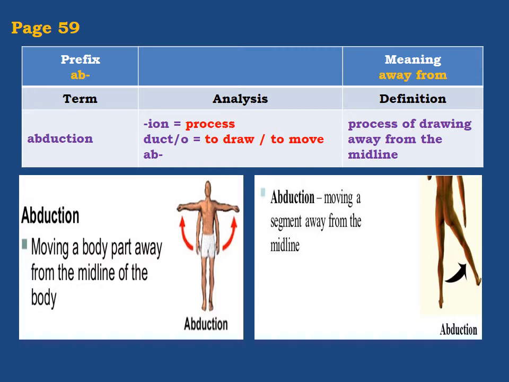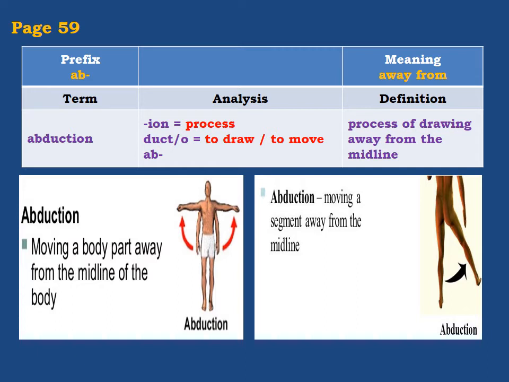So abduction, the first one we have abduction. ION, maybe we came across before, it means process. And duct, which is a root here, means to draw or to move. All right, draw or move.